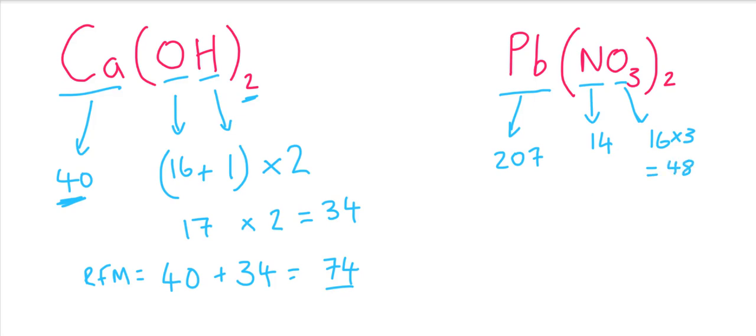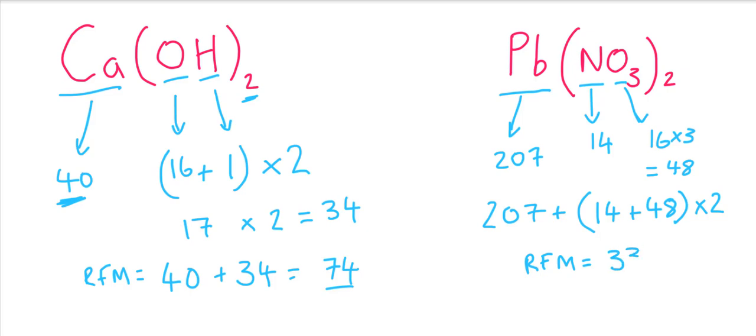So what would need to go in the bracket would be 14 plus 48, times 2. And then remember, we need to add 207 to our answer. And that gives a relative formula mass for lead nitrate of 331.